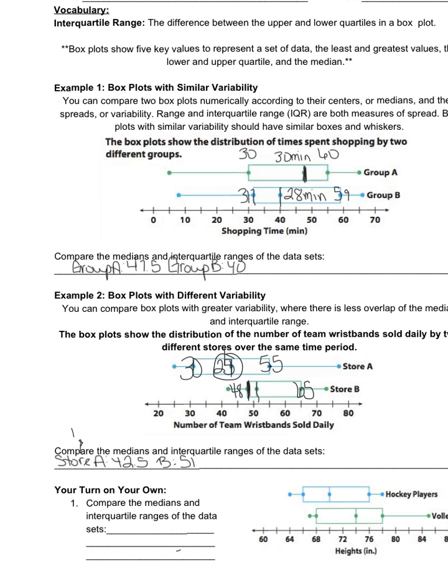So from 48 to 65 would be 17. So we have an interquartile range with store A being 25 wristbands and store B being 17. So again, the median is greater with store B, but the interquartile range is greater with store A.